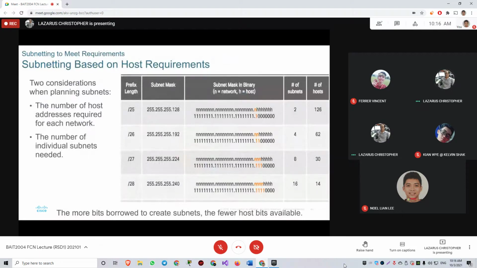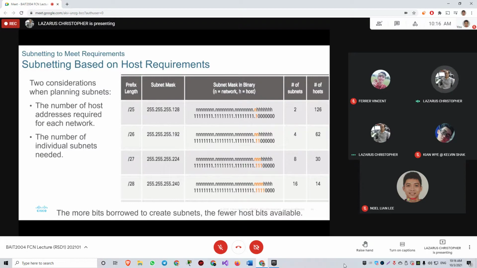All right, so let's look at subnetting based on host requirement. Right now I want to start to say VLSM. When we're subnetting based on host requirement first, it's the opposite.